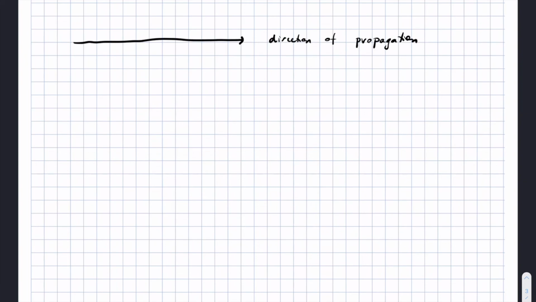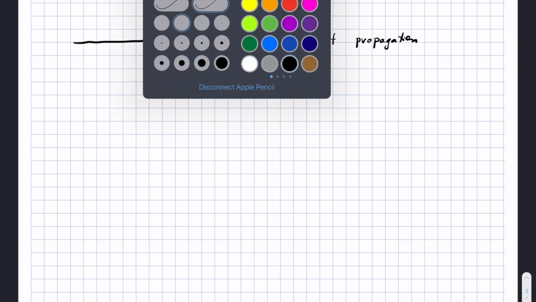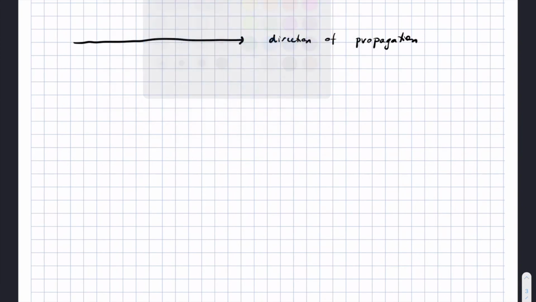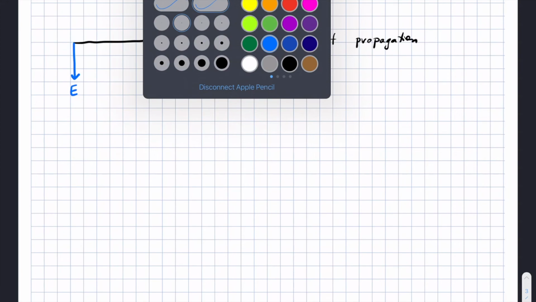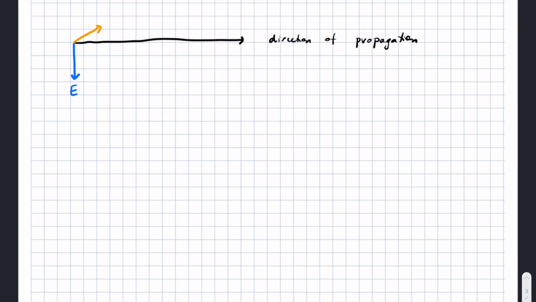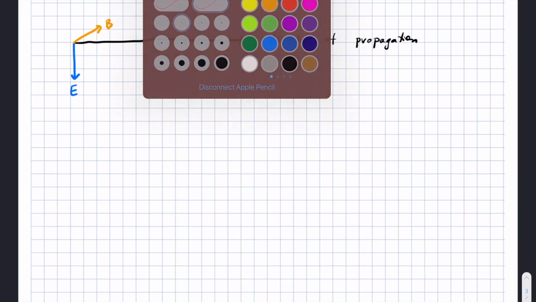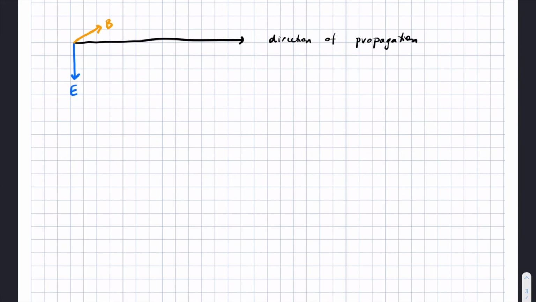As you know, light has two components. It has an electric field component that is oscillating and is doing so orthogonal to a magnetic field component. So E is the electric field component, B is the magnetic field component, and we're just going to look at the oscillation of the electrical field as it propagates.